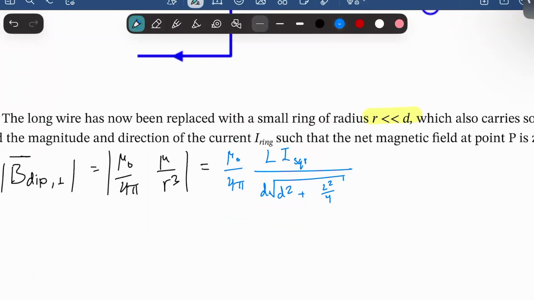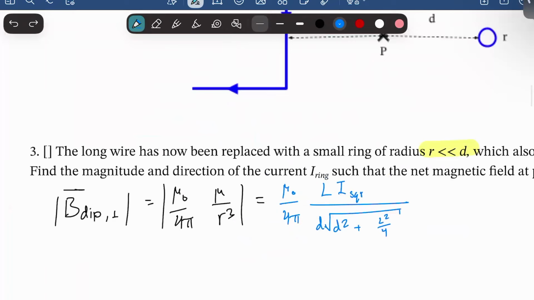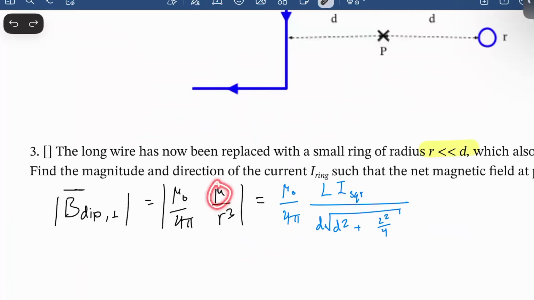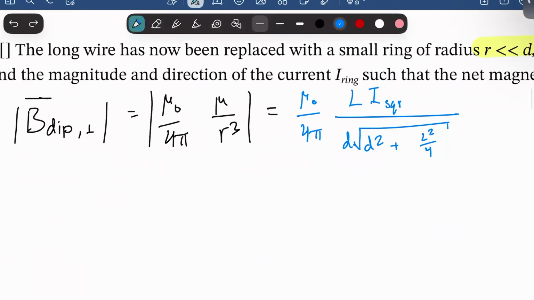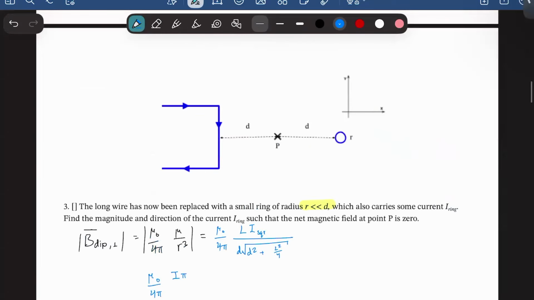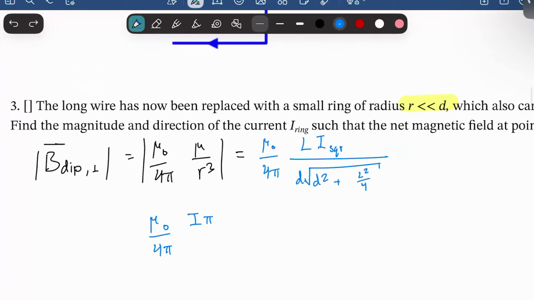So let's just find the magnitudes first. Let's figure out what is mu. Mu is going to be I times the area, so I pi r squared. So it gives us mu naught over 4 pi times I pi r squared over r cubed, r in the numerator being the radius of the circle.